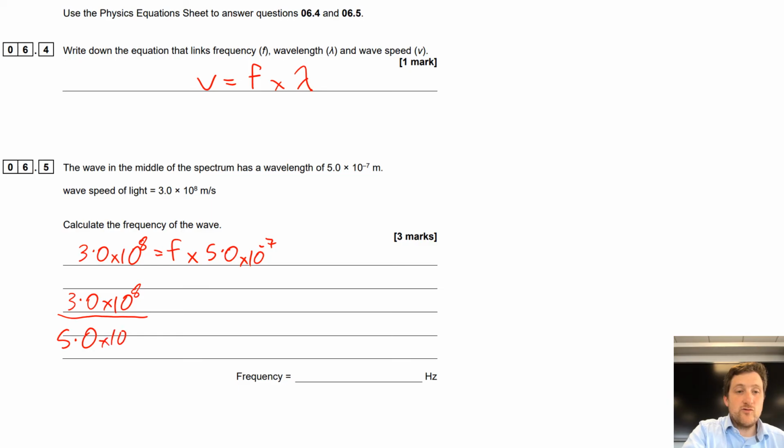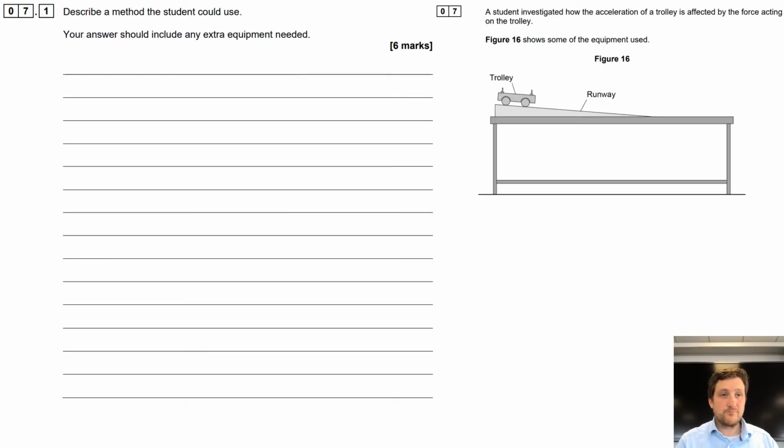Again, the standard form just makes it look a lot more complex than it is. But again, remember your calculator, you can put it straight in as standard form. They are totally okay with that, okay? And if we get this as the answer, again, from an answer point of view, you can write it in standard form. It doesn't tell you to, but it's perfectly acceptable to. And that's 6 times 10 to the 14.